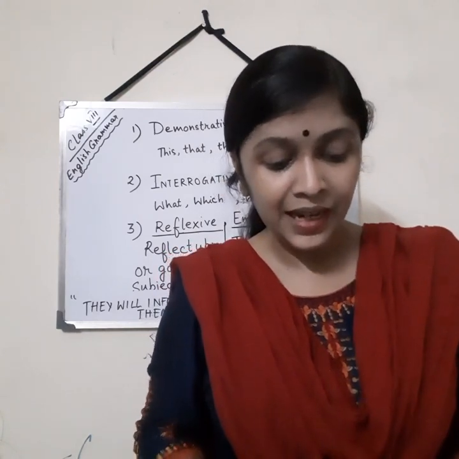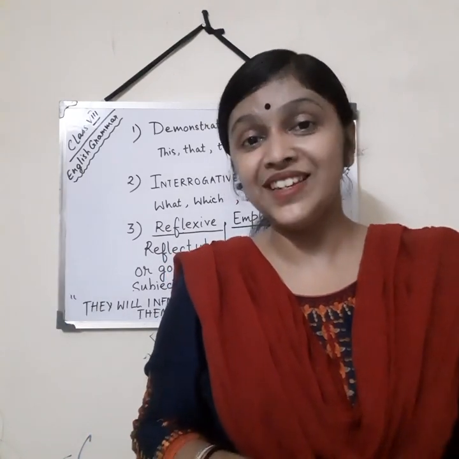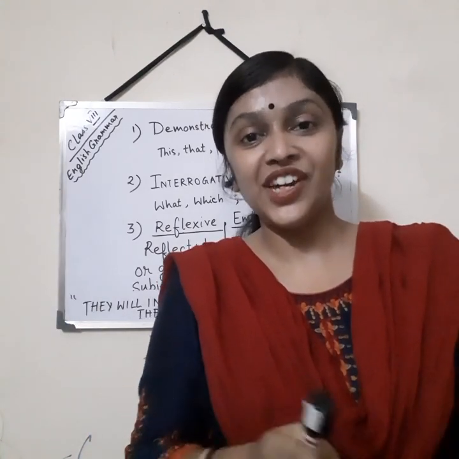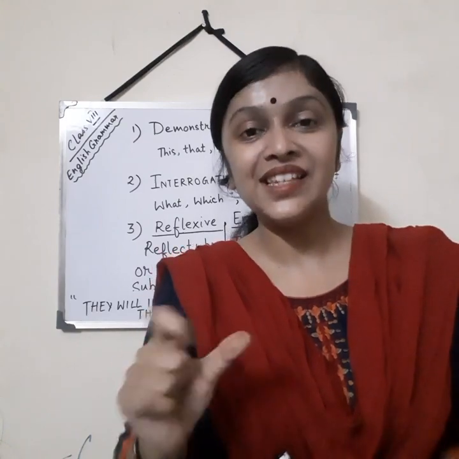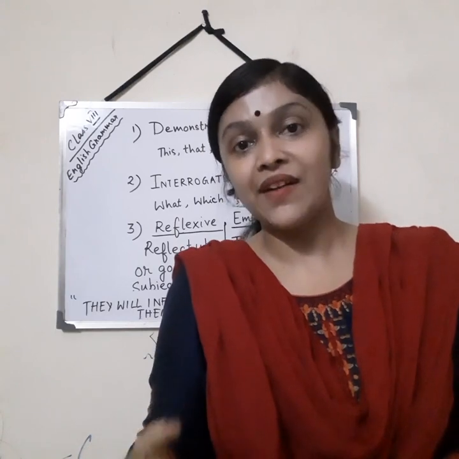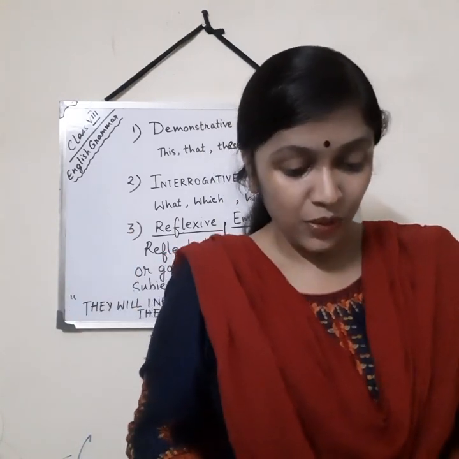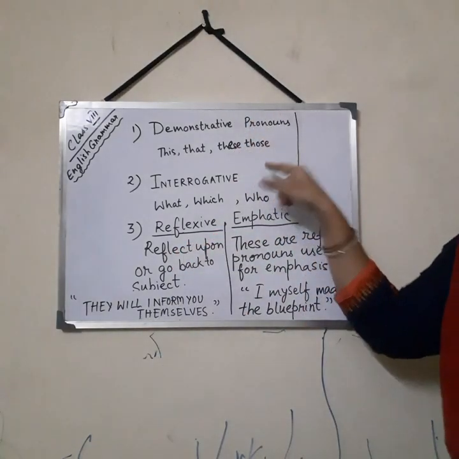Now similarly, interrogative adjectives are also there, but I think by now you understand the difference, right? For adjectives, you have to identify it. The words are the same, but the adjectives are placed in front of the noun, whereas the pronouns are used in place of the noun. Okay, so these two types we understood.